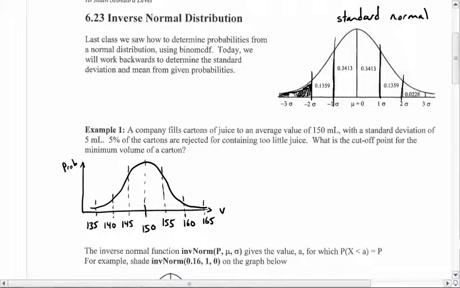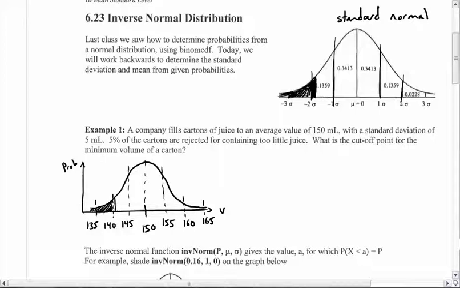So we need just a little bit more than 2%, maybe going a little bit into this region here. Then it would be about 5%. So we can shade that amount on the graph below.